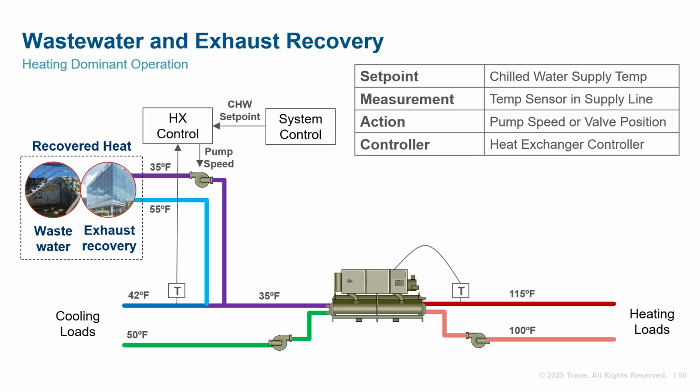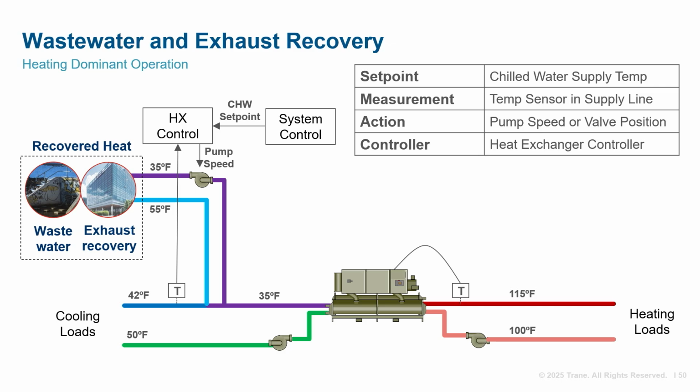In this example, the heat pump evaporator produces 35-degree fluid when we want to maintain 42-degree chilled water temperature. Recovered heat from the wastewater or exhaust air can be added to the chilled water loop and then modulated to control the chilled water supply temperature.